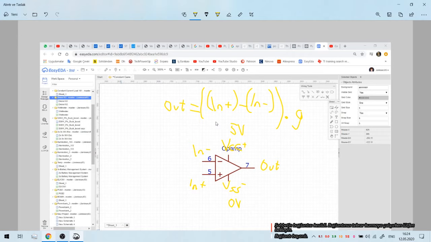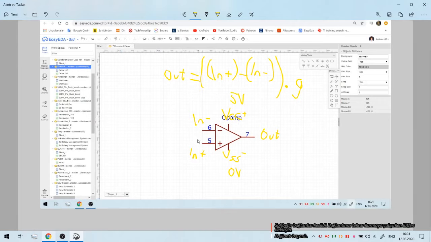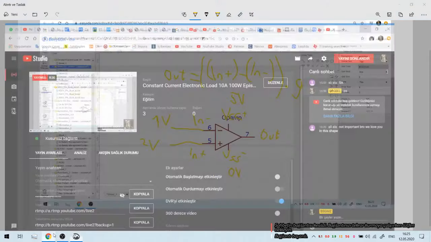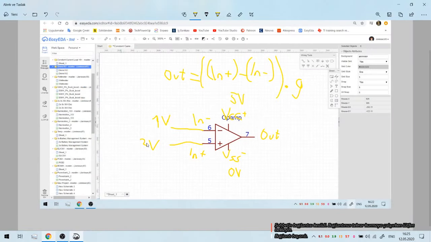So of course, how can we use it as a comparator? If I add here maybe 2 volt and here 1 volt, what will be? In this situation, you can see this is 10 over 5.